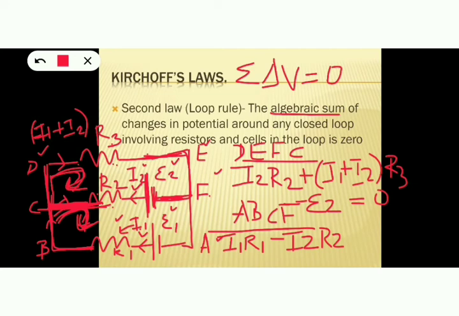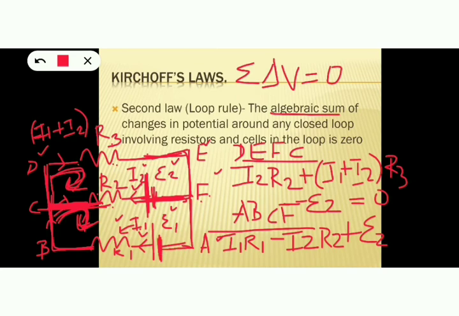Okay. Then we reach this cell. What is the EMF of that cell? EMF of that cell is E2, and we reached the positive terminal of the cell. So we can write plus E2. Then after that we crossed this cell of EMF E2 and finally reached the point F. Again the loop is not closed, and from F we reached the point A, and finally we reached here.